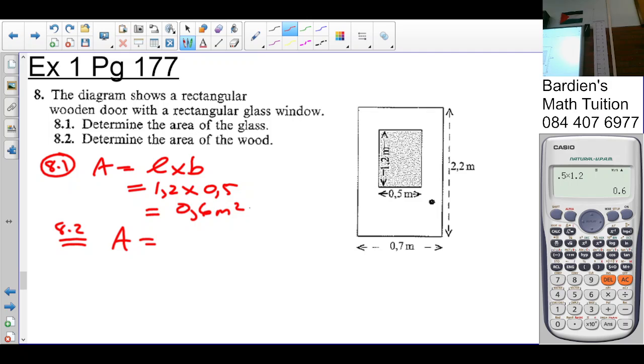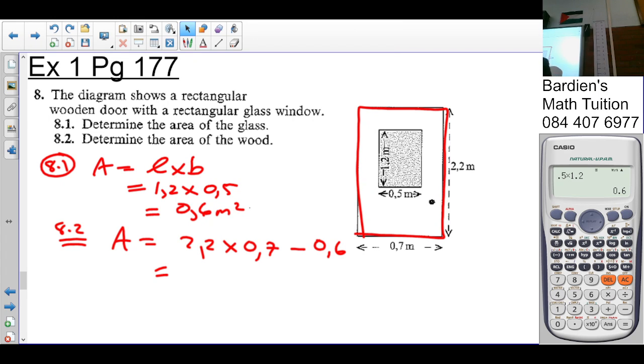So the area of this shape is going to be length times breadth, which is 2.2 times 0.7 minus 0.6. 2.2 times 0.7 minus 0.6 is 0.94 meters squared.